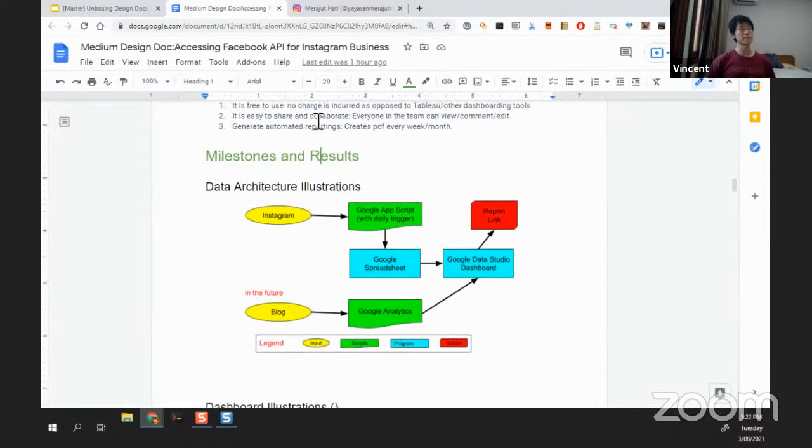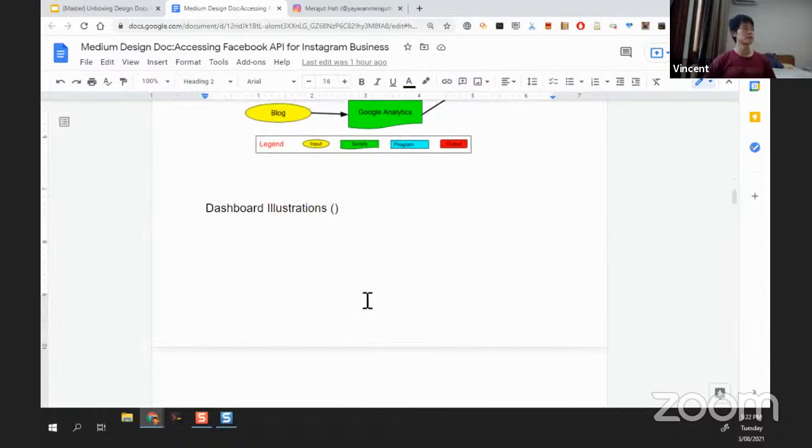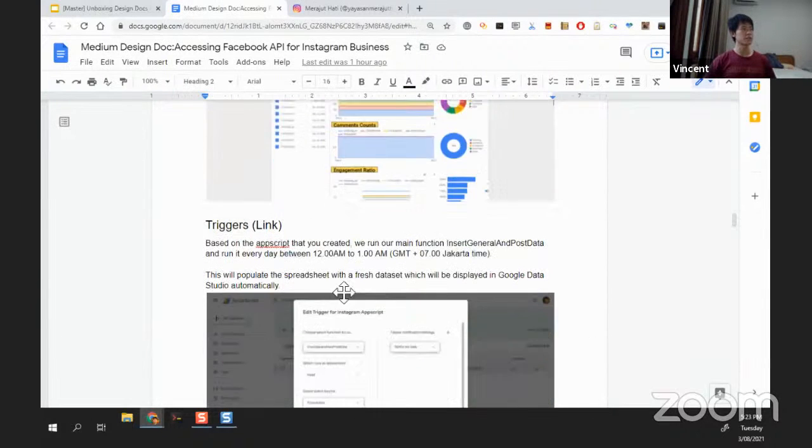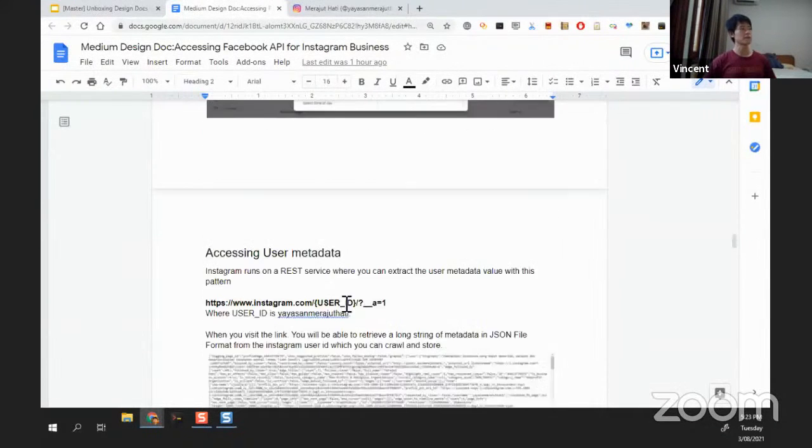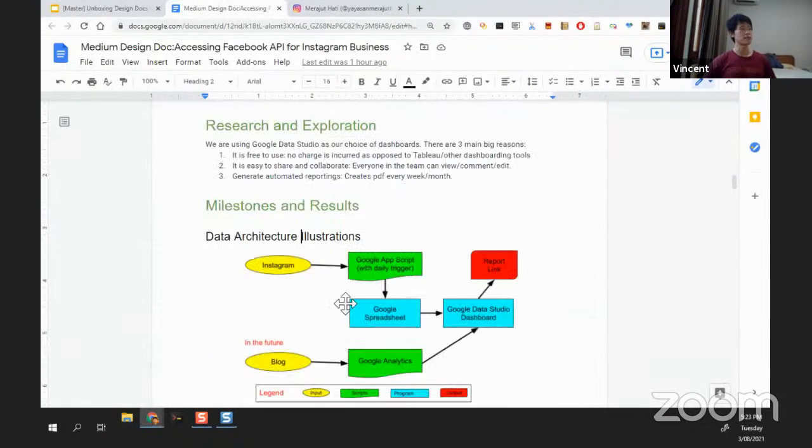Afterwards, there are milestones and results. For example, I put data architecture illustrations there, dashboard illustrations, the triggers and links. Of course, all of these are results because I already implemented it. But beforehand, this should be a milestone: on a certain date, what you plan to achieve, and whether it's done or not.